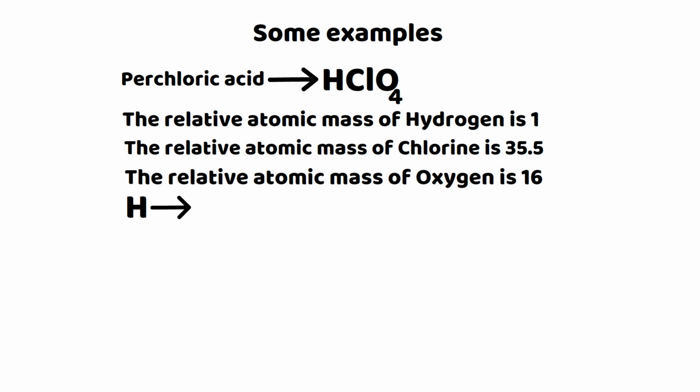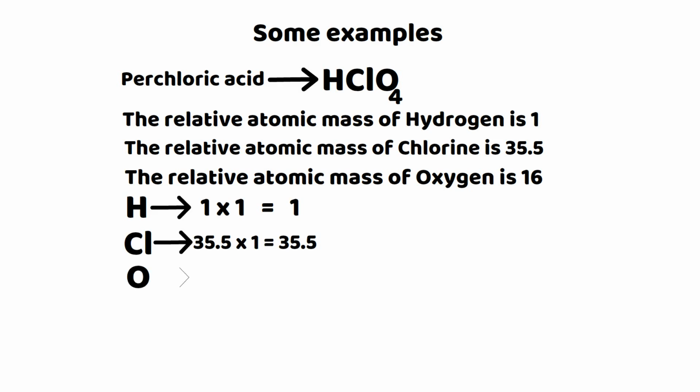Now for hydrogen we shall write 1 into 1 is equal to 1. For chlorine we shall write 35.5 into 1 is equal to 35.5, and for oxygen we shall write 16 into 4 is equal to 64. Now if we add these three numbers, we get 100.5, that is the relative molecular mass of HClO4.